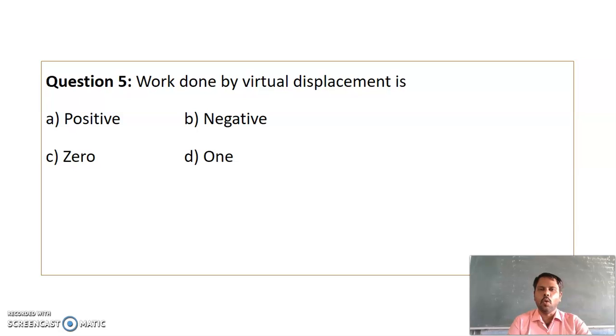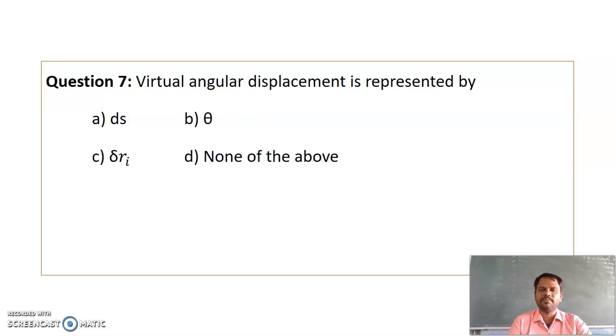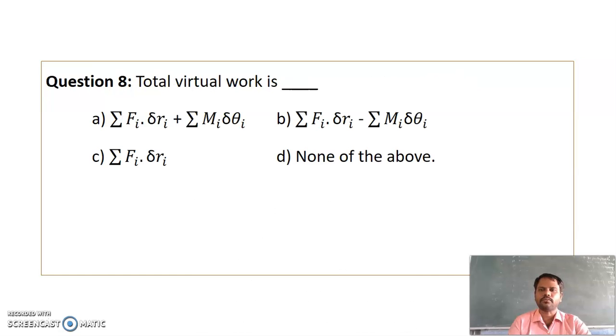Question number 5. Work done by the virtual displacement is always 0. Question number 6. Virtual linear displacement is represented by delta ri. Virtual angular displacement is represented by delta theta i. We don't have that here, so the answer is none of the above.